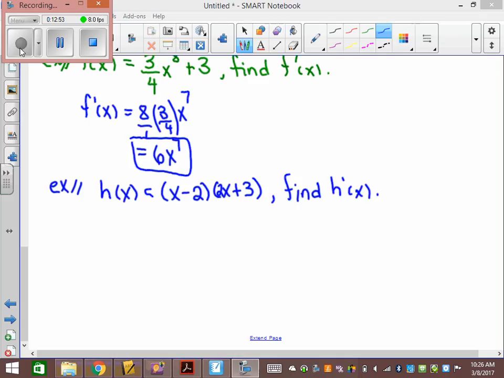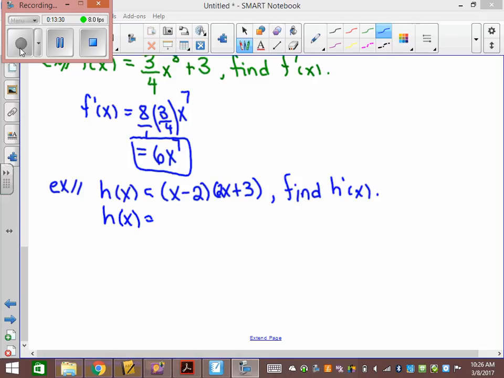But remember tomorrow when you say, hey, do product rule, that it's actually faster, instead of doing product rule, to just expand this out first, collect like terms, and find the derivative of it. Okay? So I can't do a polynomial. It has to be a polynomial. It has to be in like order, right? It's not right now. So I have to FOIL it out first and collect like terms, then find the derivative of it. So sometimes what people do is they'll FOIL it out and collect like terms, and they're like, there's the derivative, because they feel like they've done work. So that must be the answer, but you haven't actually found the derivative yet. You just expanded it out.